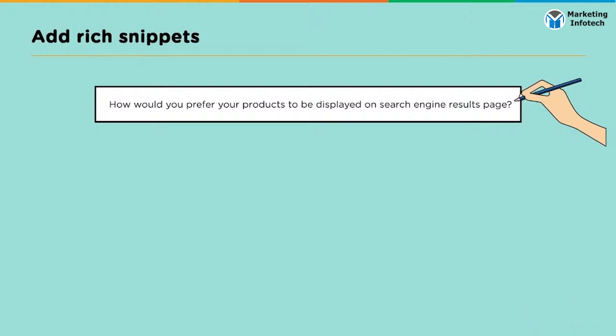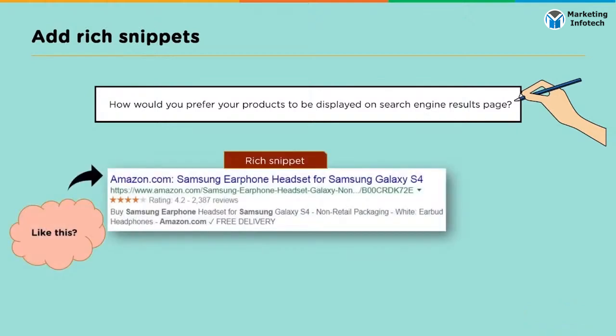And so if we want to add rich snippets to search engines, then how would you prefer your products to be displayed? Well, if we have products, then we want to make sure that maybe we have reviews, or maybe we have other information in there, like links to our site.